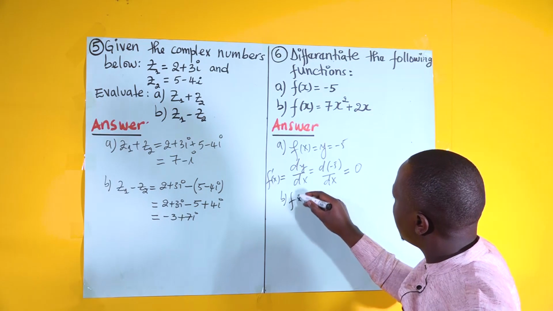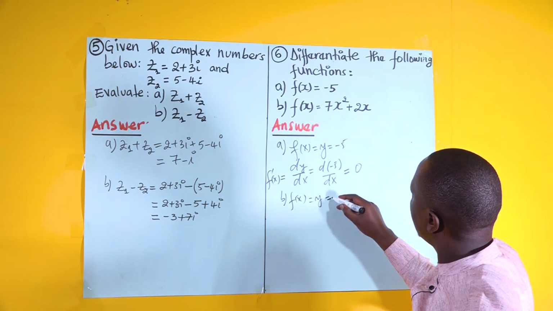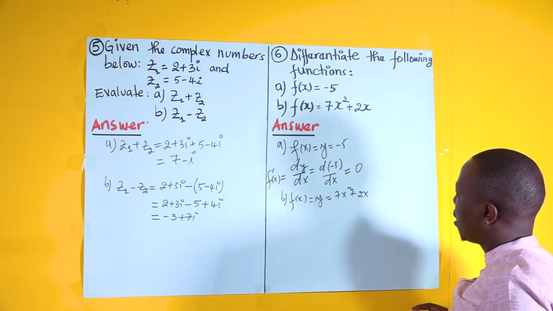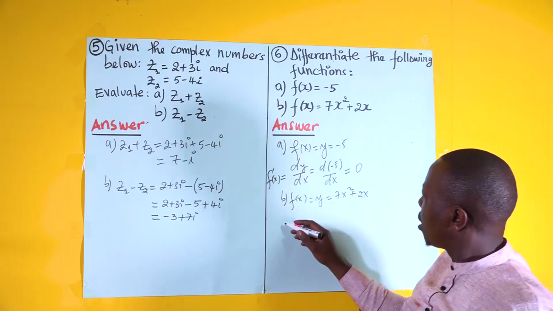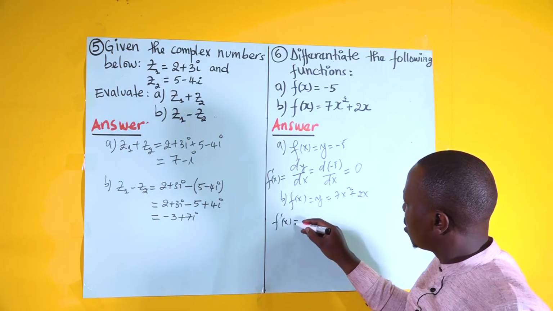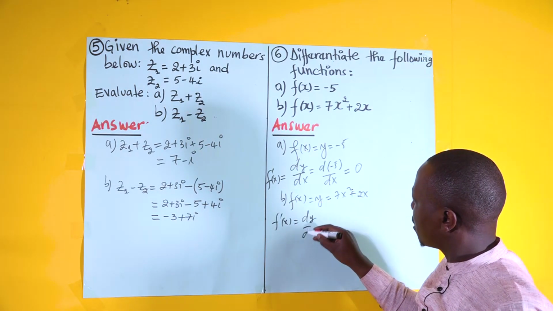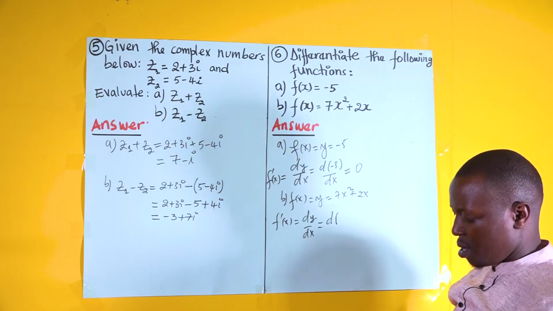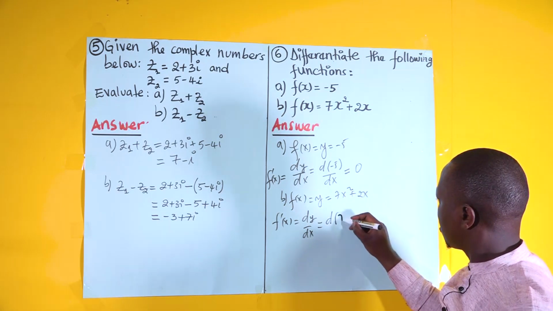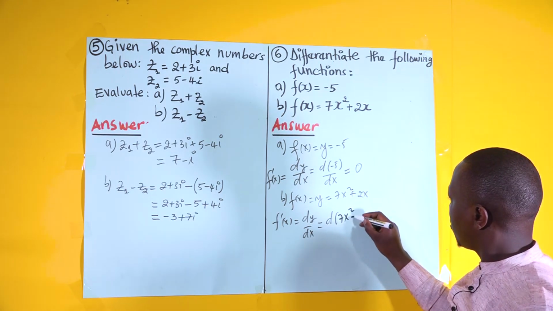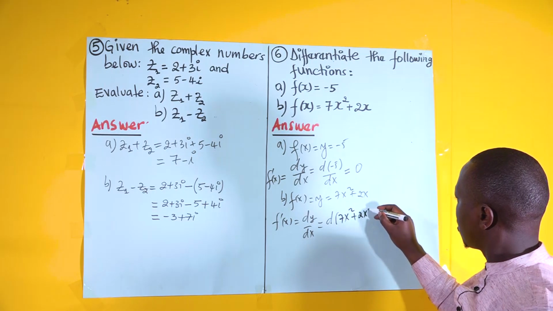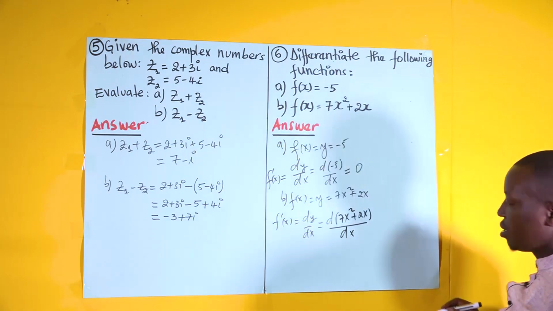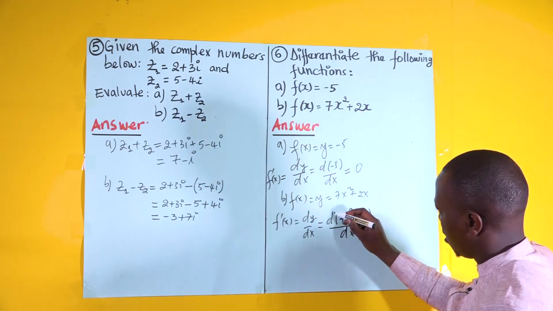B. Let f of x be the same as y, and this is equal to 7x squared plus 2x. And f of x derivative is the same as dy over dx, the derivative of 7x squared plus 2x in terms of x, because we are taking the derivative of this function in terms of x.